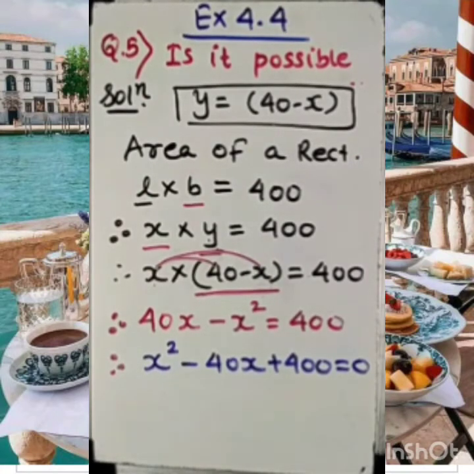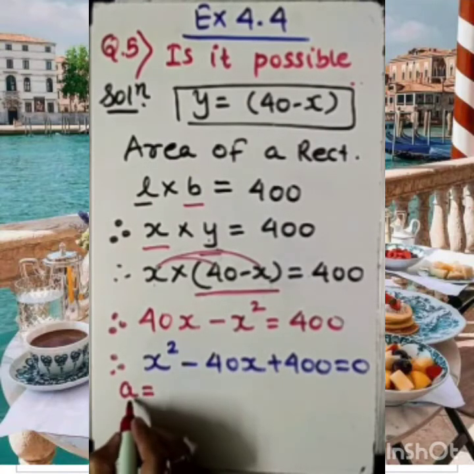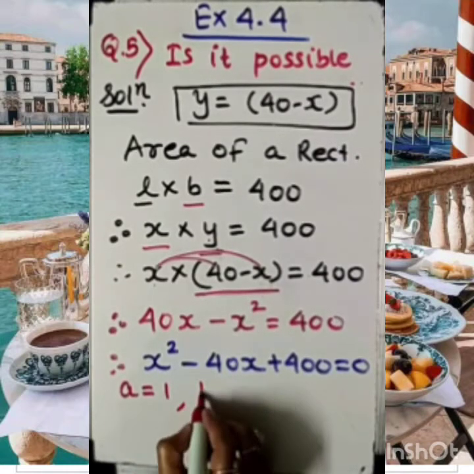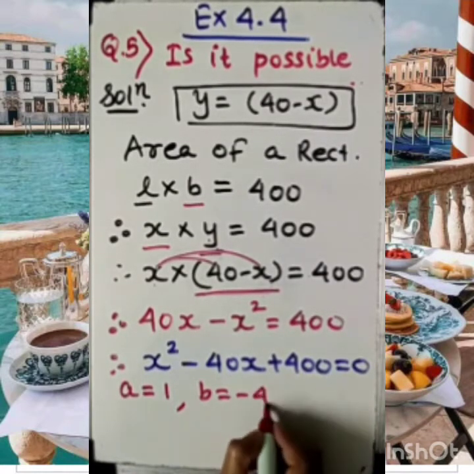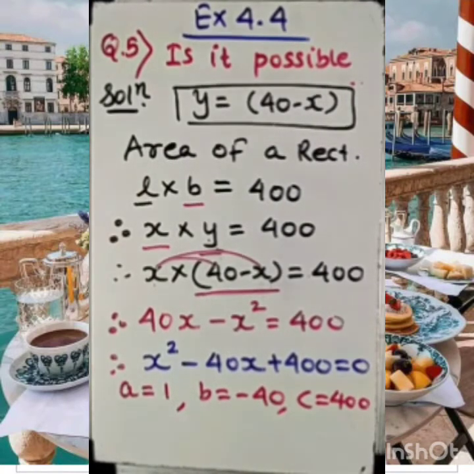For betterment, as we do not know which type of result will occur, whether the situation will be in our favor or not, that's why we need to apply the quadratic formula. Comparing, a equal to 1, b is minus 40, and the value of c is 400. Now, as usual, we need to find the value of D, that is the discriminant.